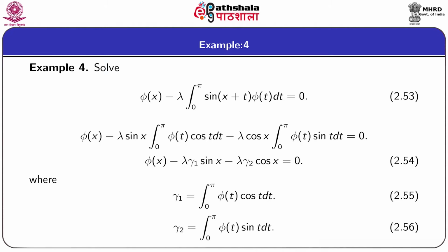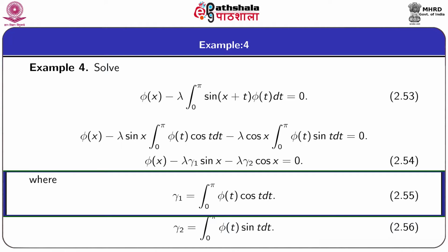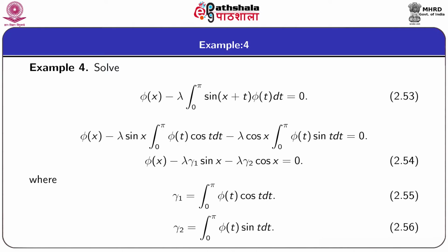This equation can be alternately written in the form of equation 2.54, where gamma 1 is the integral given by 2.55 and gamma 2 is another integral given by 2.56. Here gamma 1 and gamma 2 are constants.